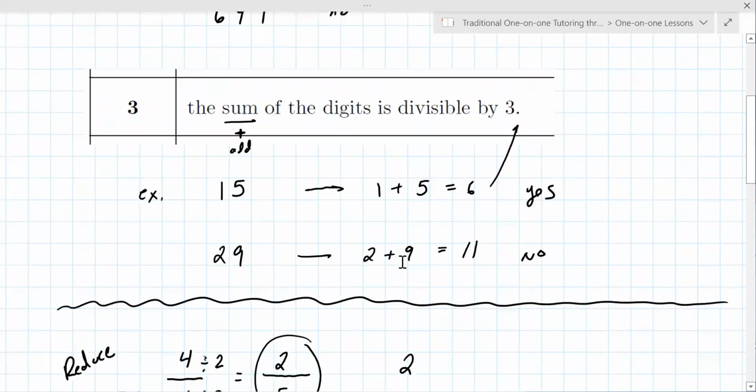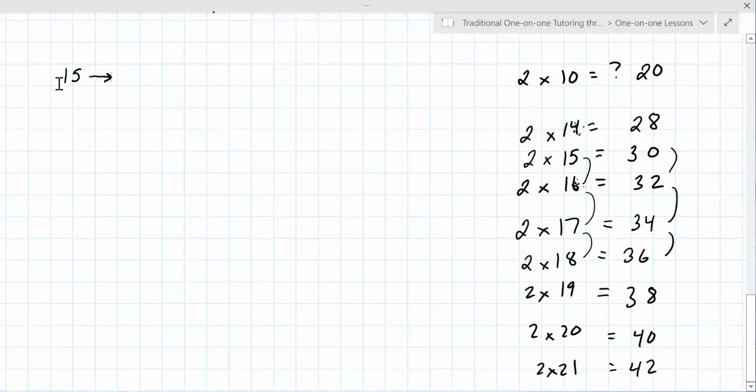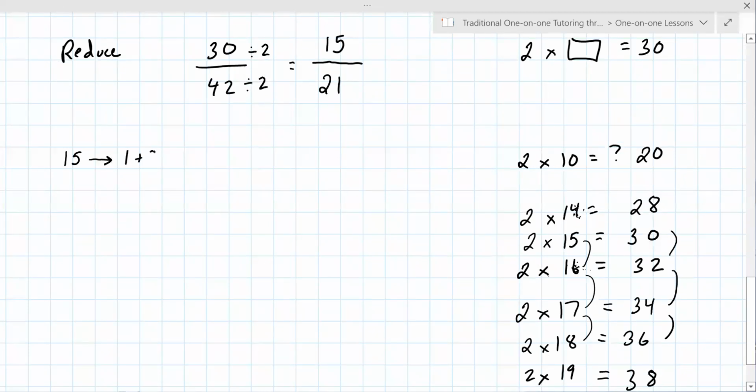So you've got to add up the digits here. 1 plus 5 is 6. Is 6 divisible by 3? Yeah, absolutely. And 21, 2 plus 1 equals 3. That's also divisible by 3. So you can divide both of these numbers by 3.